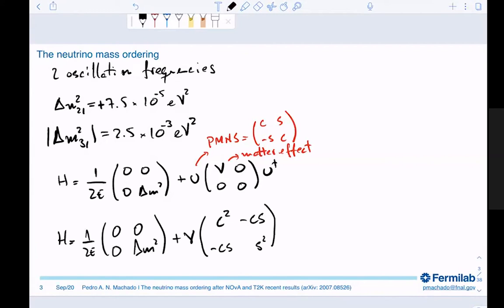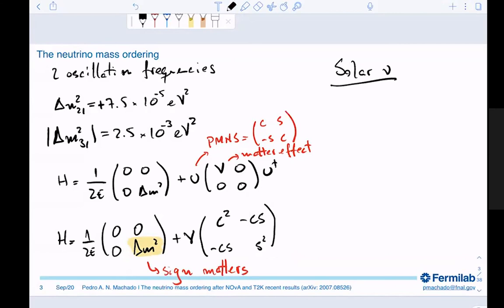And now you see that the sign of this term becomes important because it distinguishes between a plus and minus term on this side. So basically, by looking at matter effects, you can actually infer the sign of the mass splitting.